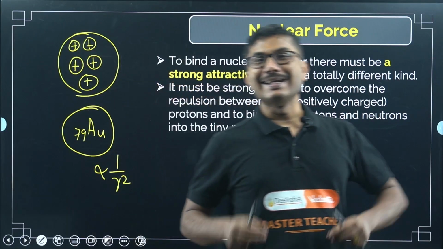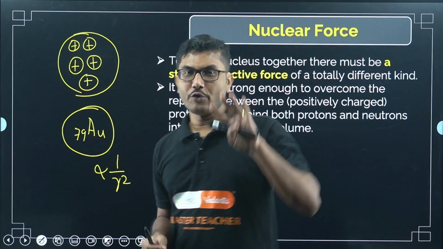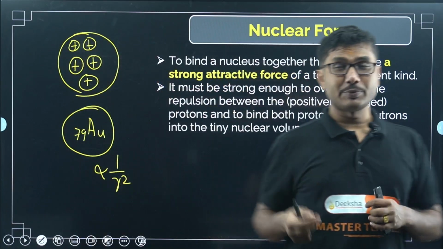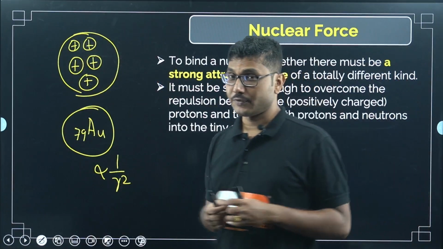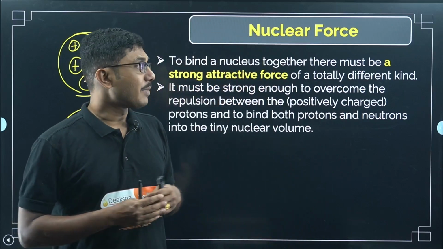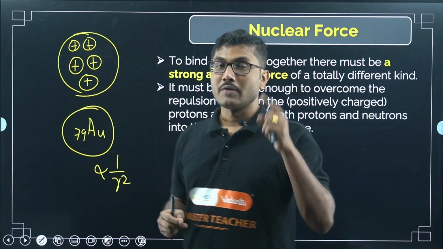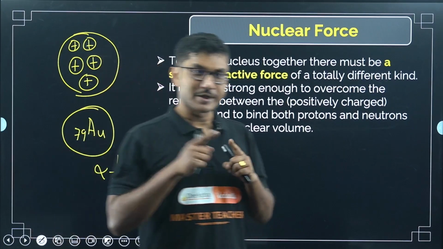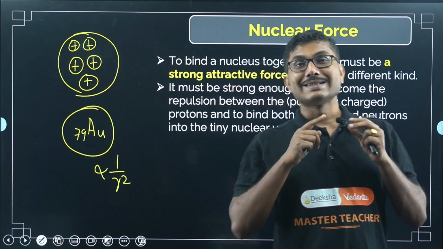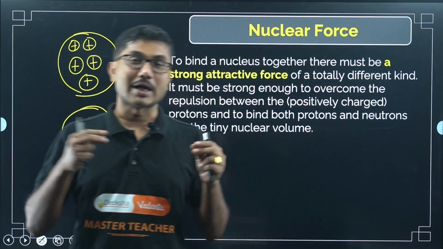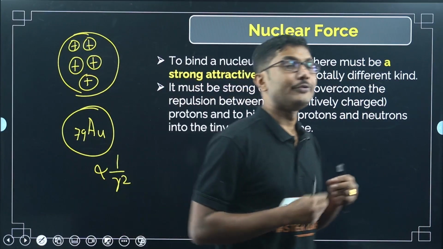Now in fact, in nature there are 4 fundamental forces. Even though it was there in your previous syllabus in the first chapter of first PU, that chapter is now deleted, but I will give you the names of those 4 forces. First of all, gravitational forces, obviously we know about gravitational forces. Secondly, electromagnetic forces, the force between two charges, the force between two magnets.